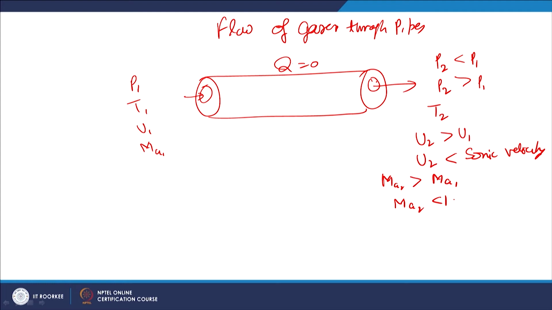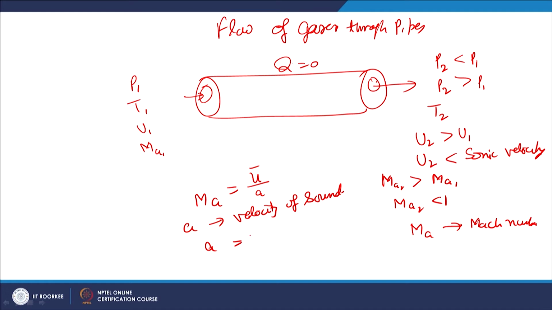Now Ma is the Mach number. So Ma is represented as Ma is equal to bar U upon A. Now A is the velocity of sound.